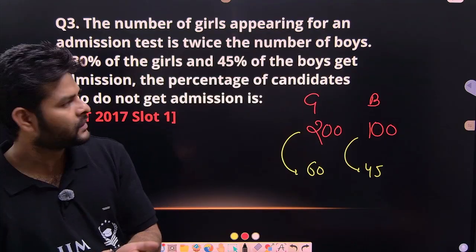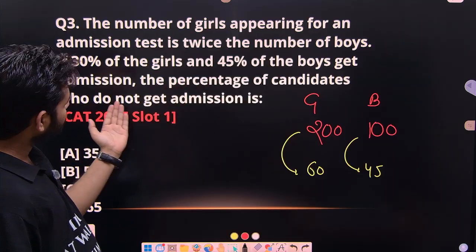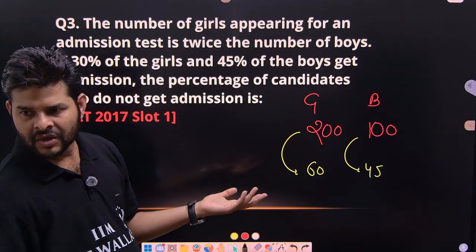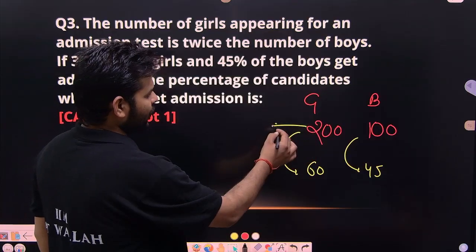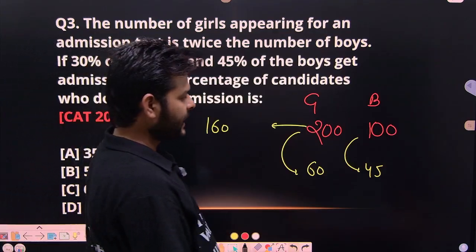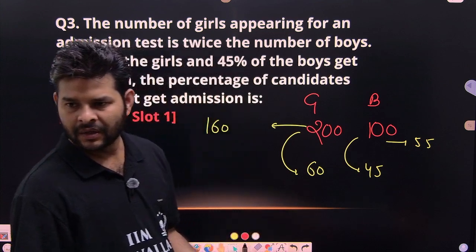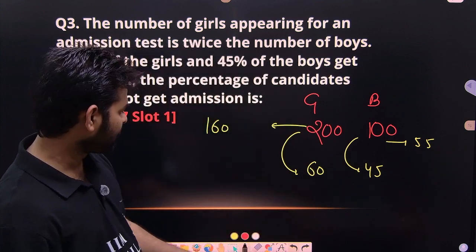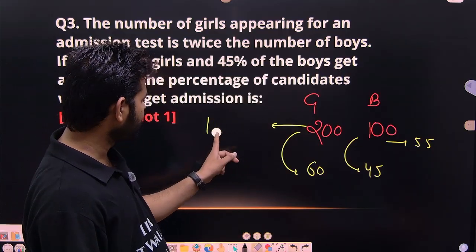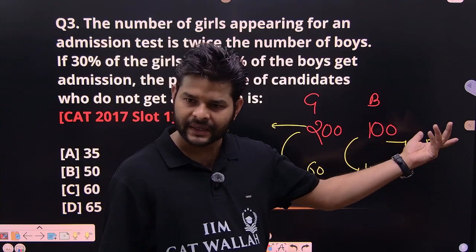So basically 60 girls and 45 boys got the admission in that test, and the percentage of candidates who do not get the admission. So now, 55 boys didn't get the admission, and 140 girls didn't get the admission.